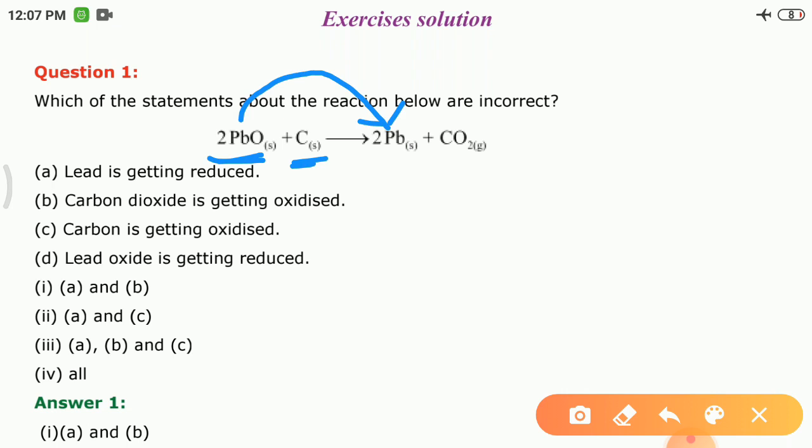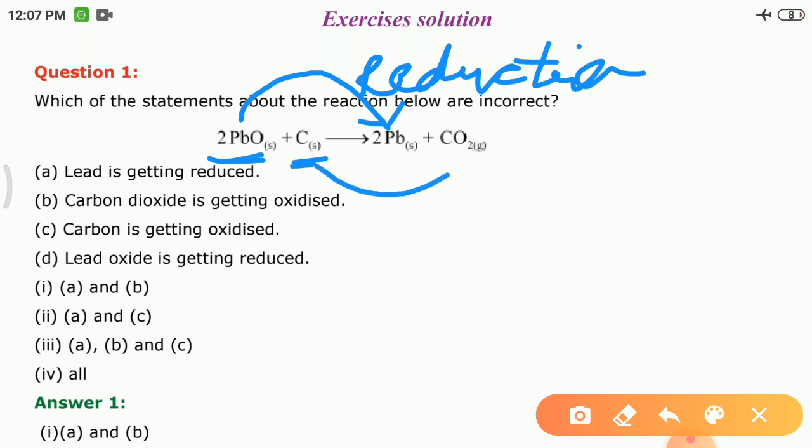Loss of oxygen means lead oxide is getting reduced. Then carbon is gaining the oxygen and changing to carbon dioxide. So here it is oxidation.